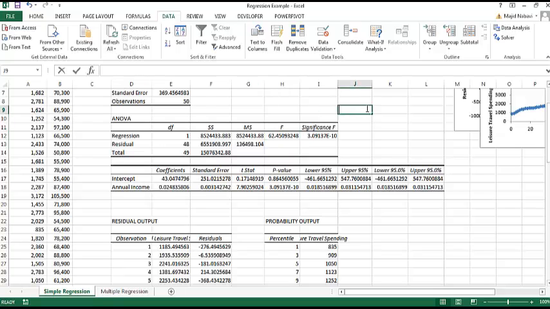We can test that. The same number, and a very small p-value for the F-test shows that our model is significant. There is a significant relationship between X and Y.